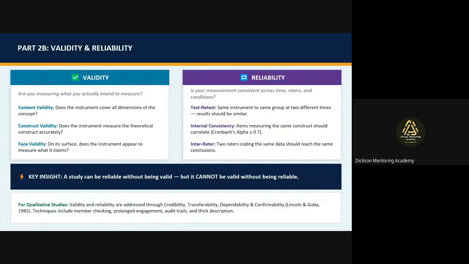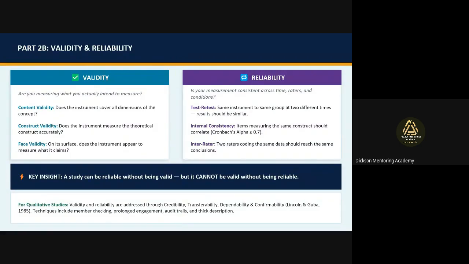The types of validity are: one, content validity. Does the instrument cover all the dimensions of the concept? Two, construct validity. Does the instrument measure the theoretical construct accurately? Three, face validity. On its surface, does the instrument appear to measure what it claims?